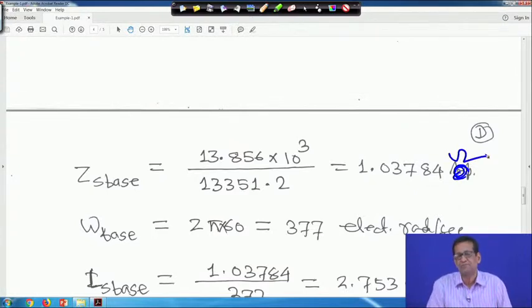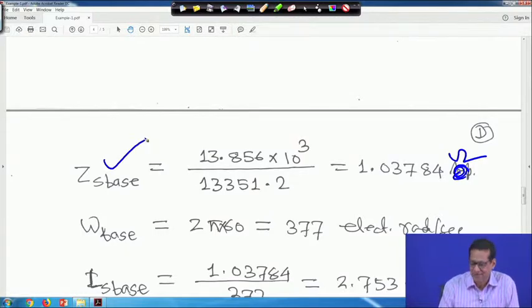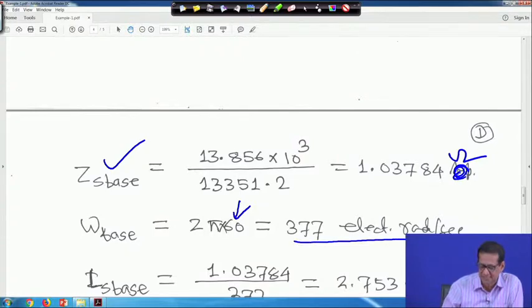By mistake I put it as ampere, but it is ohm, because this is ZS base. Now, omega base is equal to 2 pi into F base, which is 60 hertz, so that is 377 electrical radian per second.